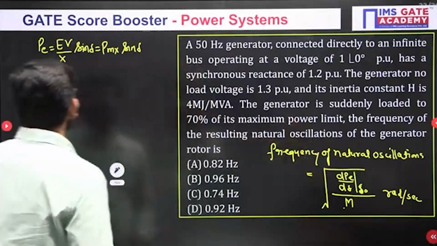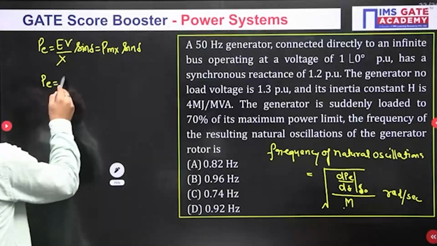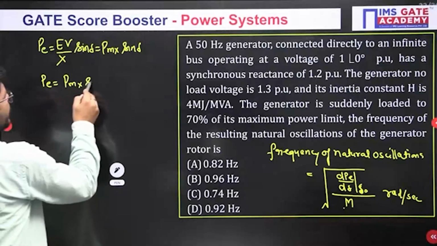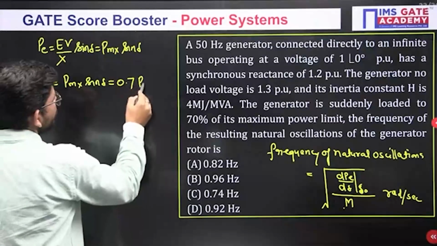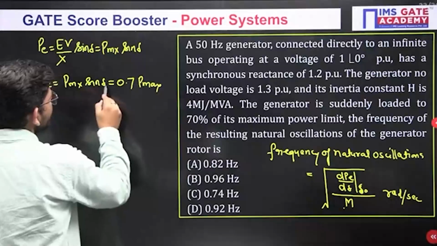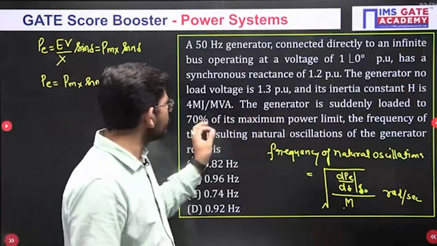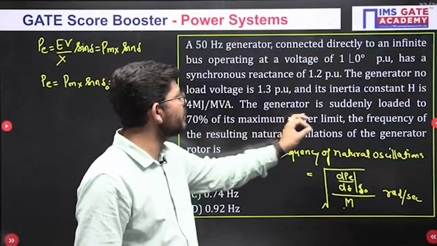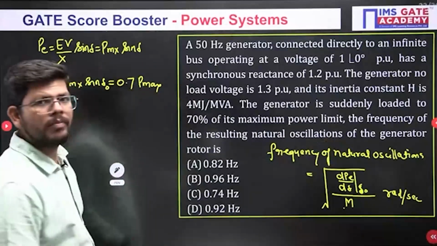So guys, P equals P max sine del. Now it is equal to what? 0.7 of P max, isn't it? And let me call this angle del naught. So the generator is suddenly loaded to 70% of its maximum power limit. So P is basically 0.7 of P max.